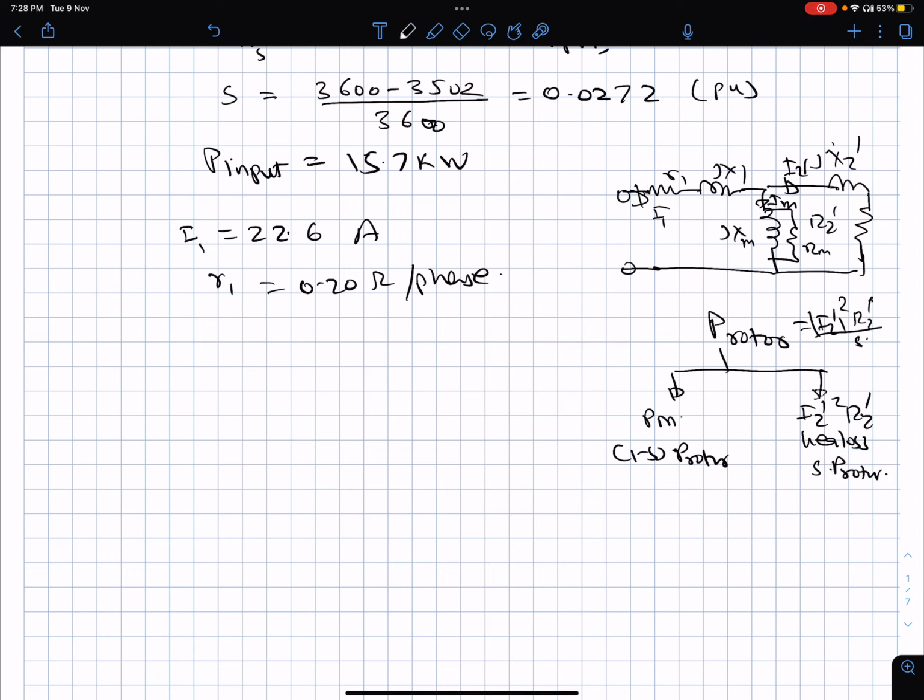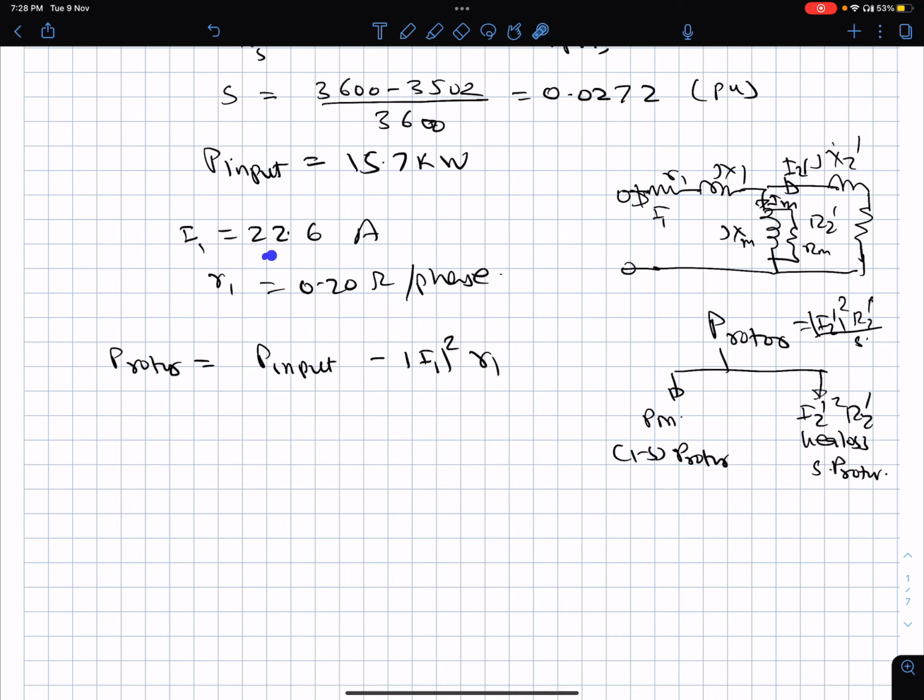To calculate the power transmitted to the rotor winding, we should subtract the losses in the stator winding, and that is known to us, is it not?